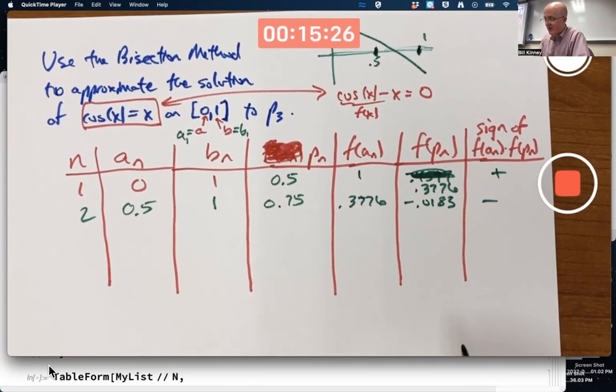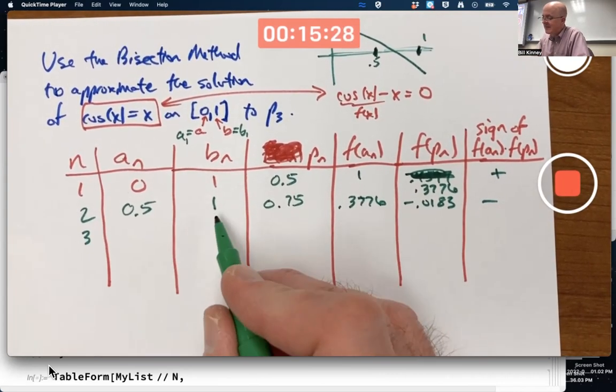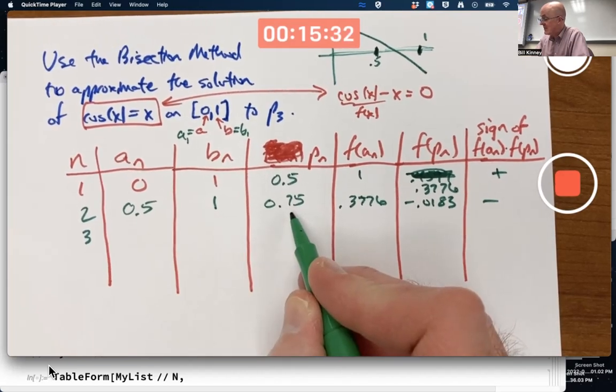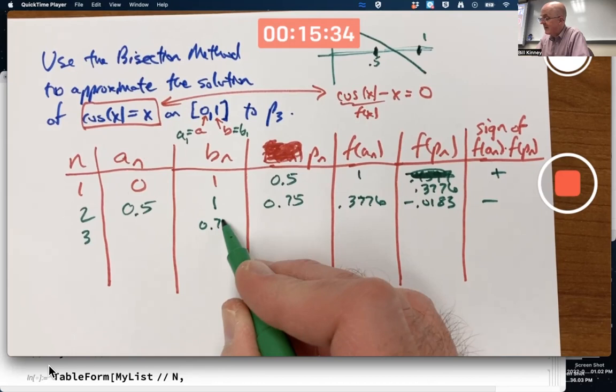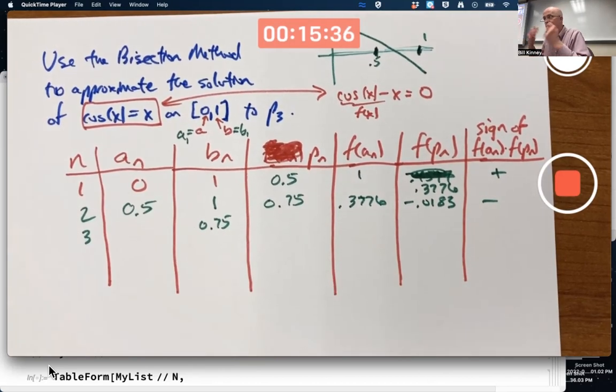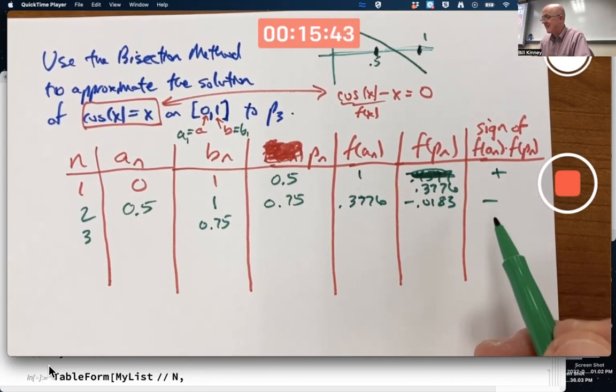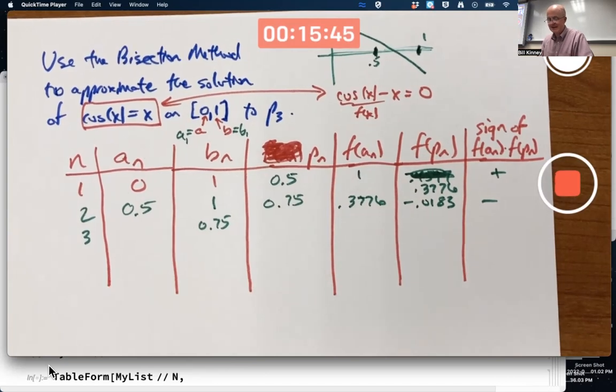And so I have to switch it from what I did before. B3 is going to equal P2, 0.75. But again, it's hard to remember that in an algorithm, and I was a little bit too quick when I made the mistake in the first line. The picture is really, really helpful.